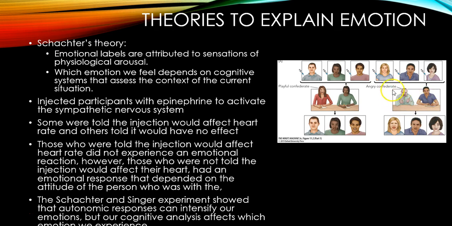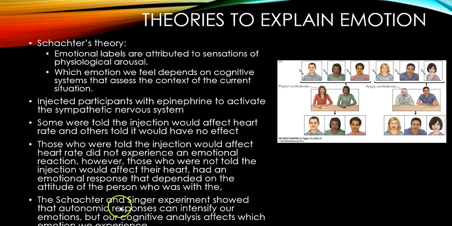And if he's next to an angry person, then they start to experience an angry emotion. Those physiological responses are attributed to an emotion, and depending on who the person was with, that context, their emotional response depended on that person's attitude.